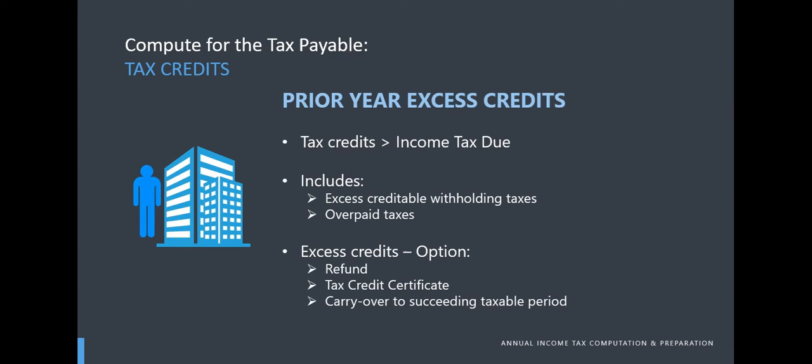If, for example, you have an overpayment of 1 million under the income tax return, you cannot use that as tax credit to value-added tax, withholding tax, DST, etc. So, this is only applicable to income tax returns.